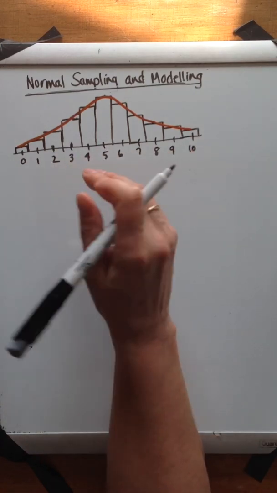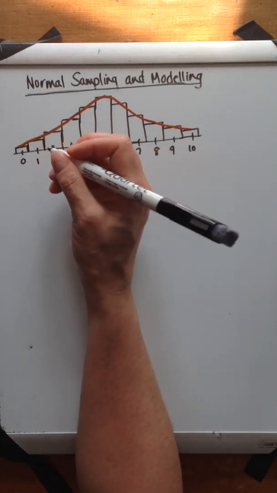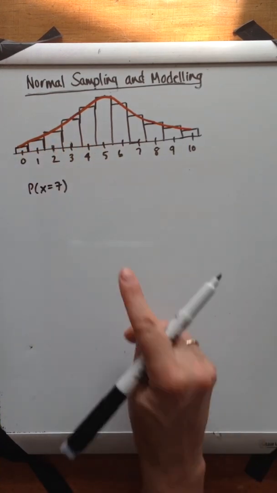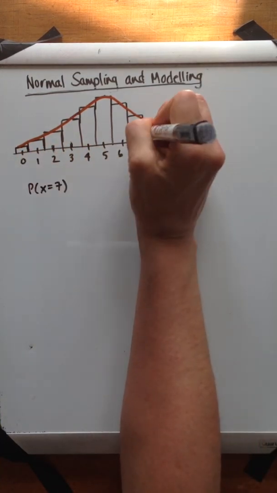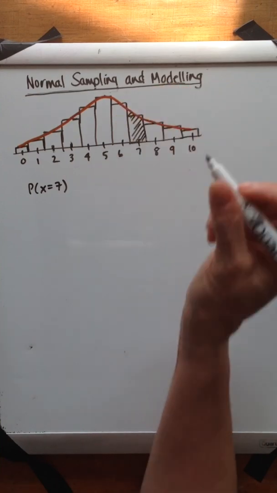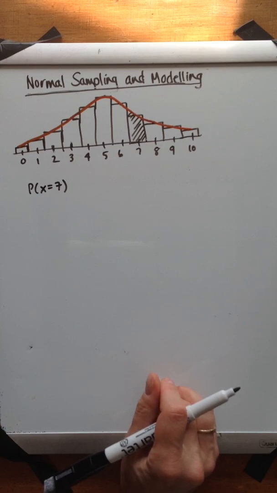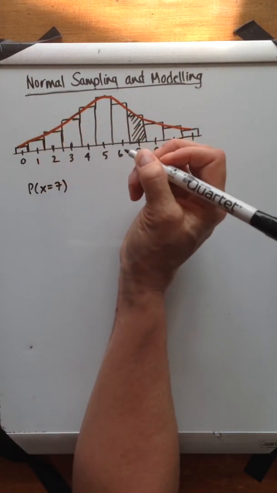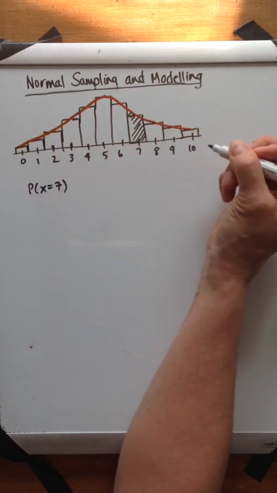to continuous. So, for example, if I want to know what the probability is when x equals 7, I'm actually going to find the area under the curve that corresponds to the area of this bin under the curve. Okay? And I would need to convert this from a discrete idea into a continuous idea.